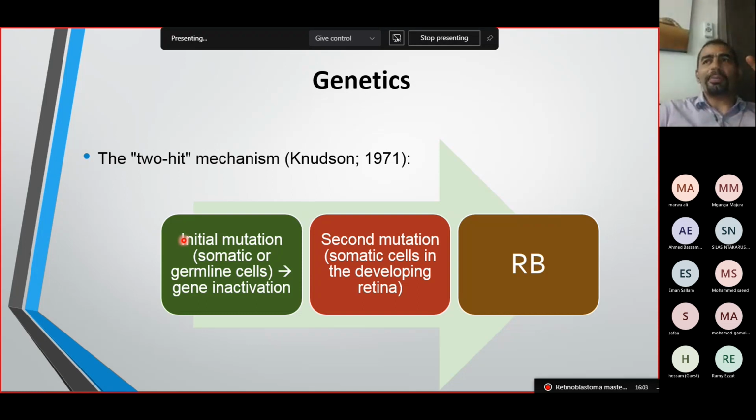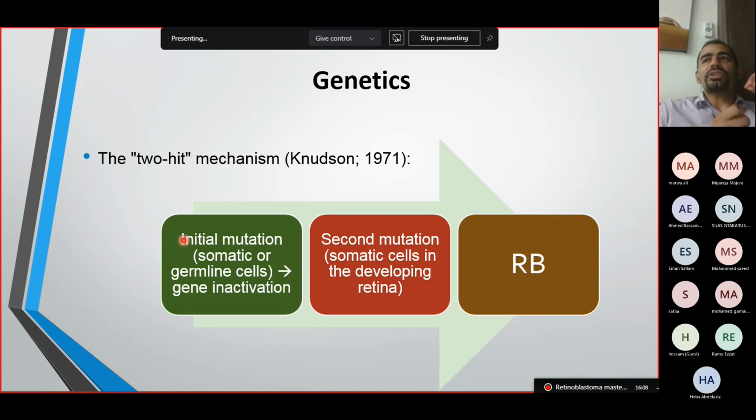We have 2 copies of this gene on the 2 loci of the chromosome. And in order to have a malignant transformation, we need to have inactivation of both loci of the tumor suppressor gene. So we need to have 2 hits, one of them to the first locus of the chromosome and the second one to the second locus of the chromosome.